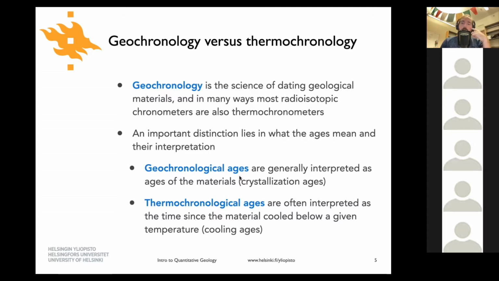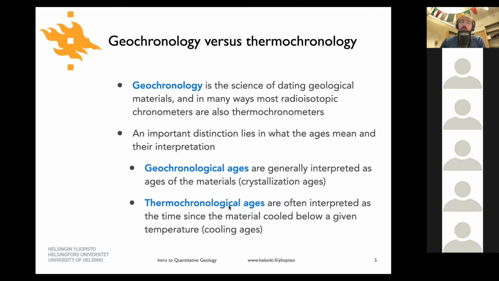It's a little bit different with thermochronology because what we're dating in this case is often interpreted as the time since the material cooled below some given temperature. So it's possible that a geochronological age and a thermochronological age could be the same. This would occur, for instance, in an ash fall from a volcano, where the crystals are formed at the time when they're erupted and the cooling occurs very quickly.